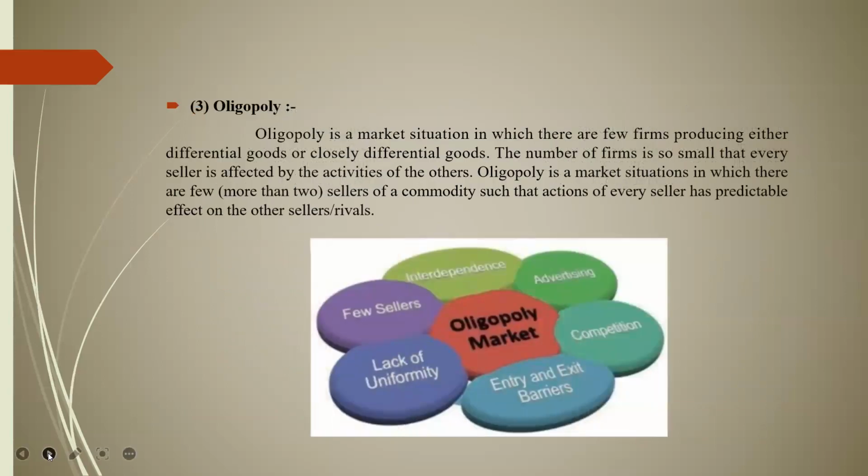Another type is oligopoly. Oligopoly is a market situation in which there are few firms producing either differentiated goods or closely differentiated goods. The number of firms is so small that every seller is affected by the activities of the others. Oligopoly is a market situation in which there are few sellers of commodities such that the actions of every seller have a predictable effect on the other sellers also.